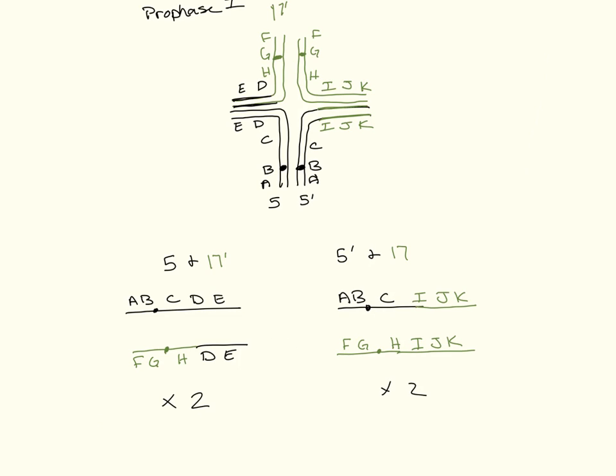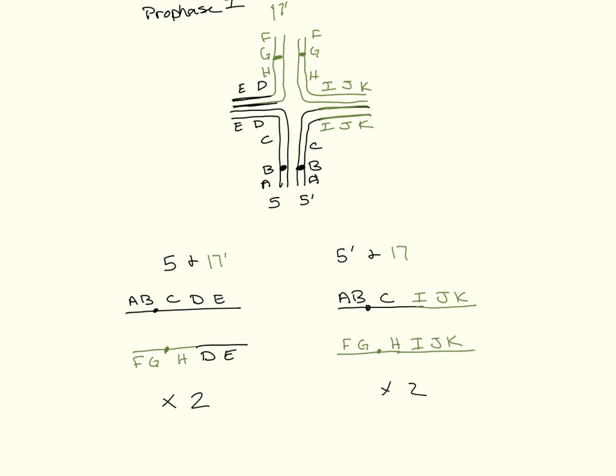So this is what you should have gotten. We're going to have two daughter cells that have a normal chromosome 5 and a translocation on chromosome 17. So this is going to result in a duplication of this segment DE and a deletion of the segment IJK.